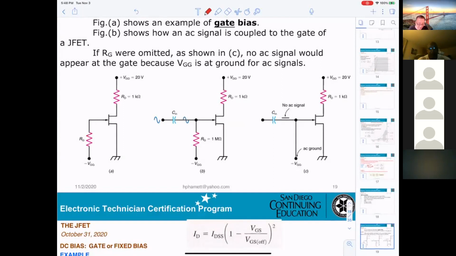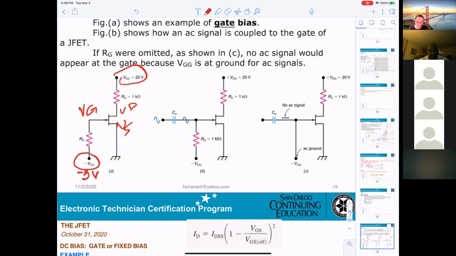The first one, this is VG, VS, and VD. This is a negative voltage, and this is a positive voltage. So I set this to be minus 3 volts.